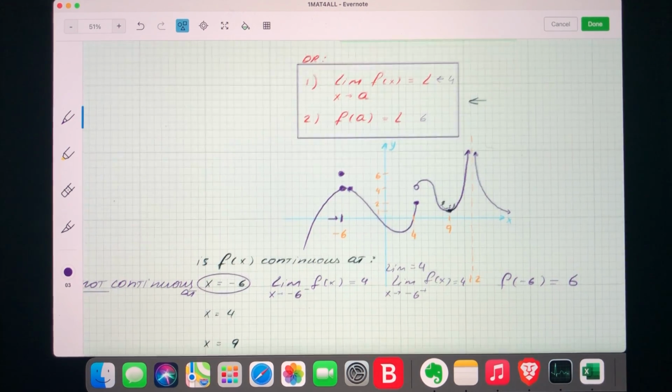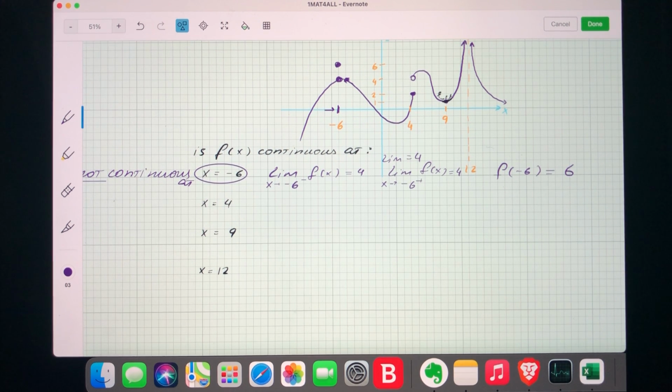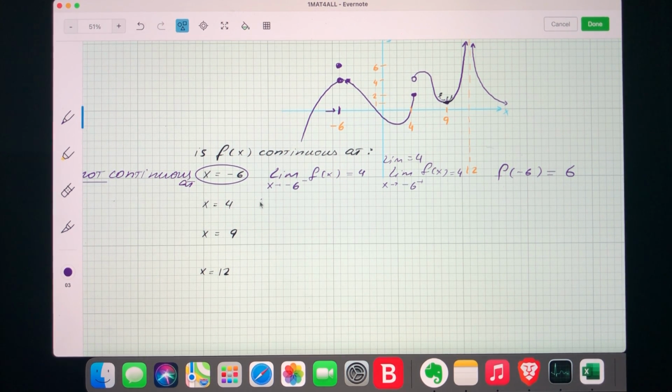How about 4? As we approach 4, what do we see? Well, we see that the limit as x approaches 4 from the left side is equal to 2, but from the right side is equal to 4, which means the limit from both sides does not exist.